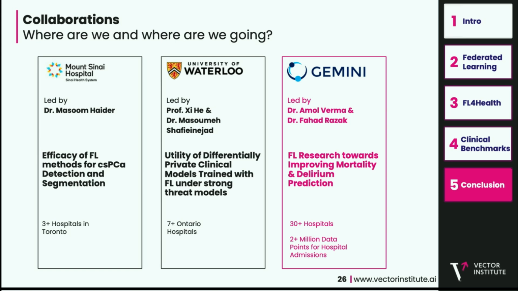And lastly, the collaboration that I'm personally most excited about is one with Mount Sinai, particularly the Hader Lab. We're working with prostate MRIs and trying to do clinically significant prostate cancer detection. So a lot of collaborations, and we're always open to new collaboration and contributions.